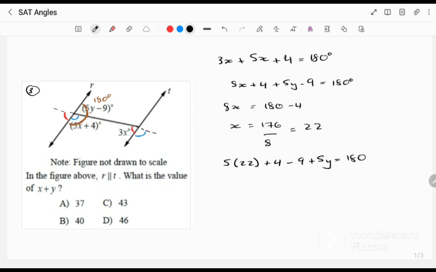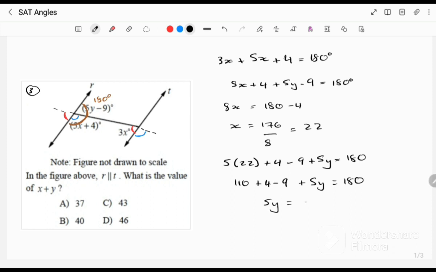And we know that 5 times 22 gives us 110, plus 4 minus 9, plus 5y is 180. And 110 plus 4 minus 9 is 105.